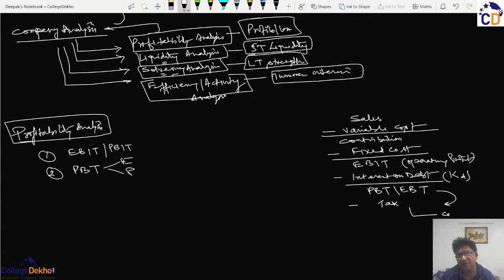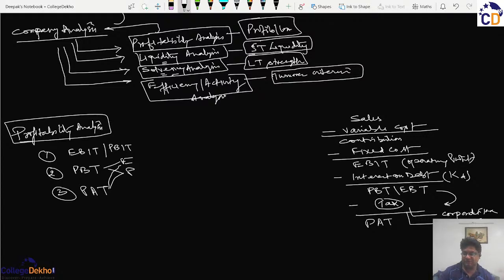In the case of a company, we use the word corporate tax, and in the case of individuals, we just use the word income tax. Once we pay that tax, we have the figure of profit after tax. So high PBT will result in high tax but also high PAT. And this again is important from the point of view of the equity and the preference, because the difference between the two is a fixed liability which is legal and cannot be compromised.